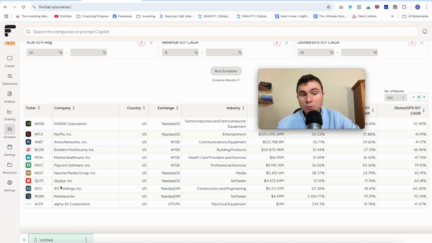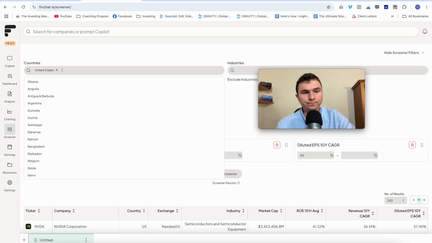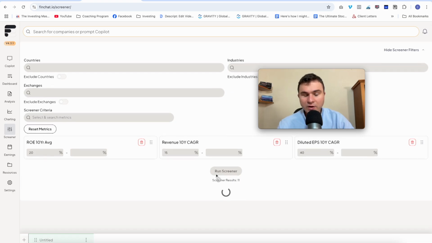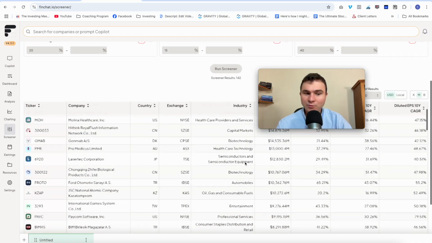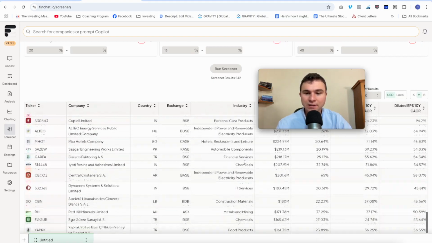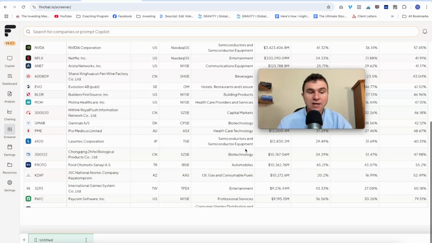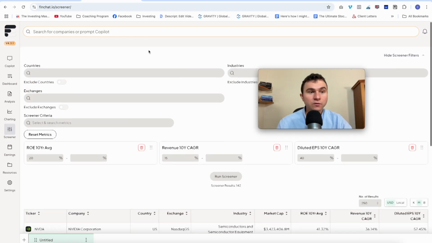And I guarantee 100% that if you do that for 11 companies, or if I remove the geographical constraints, if I do that for 142 companies, I will find great businesses that have outperformed the market, because these businesses are superior and they are very likely to outperform in the future.